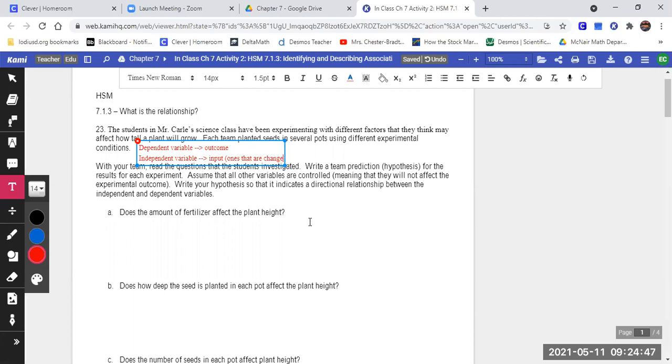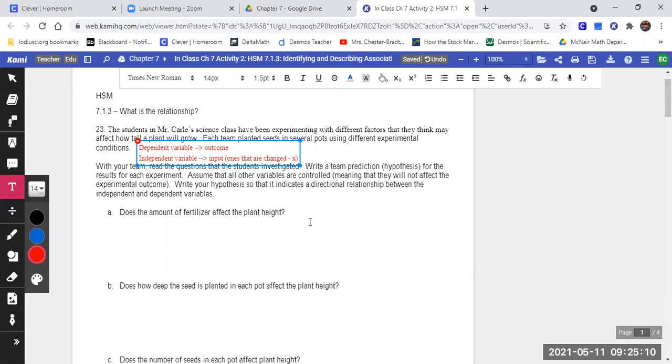Okay, let's add that in. Ones that are changed. So which letter do we change to see what happens? The X or the Y? Think about the input-output table. Which letter are we always changing to see what happens? The X, yeah.